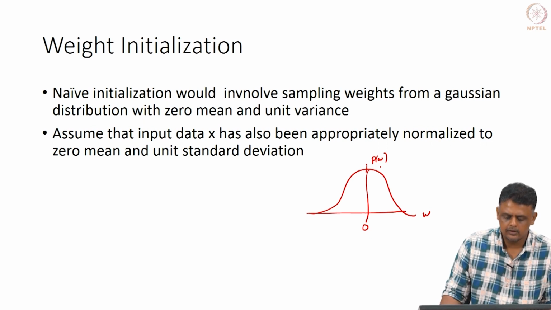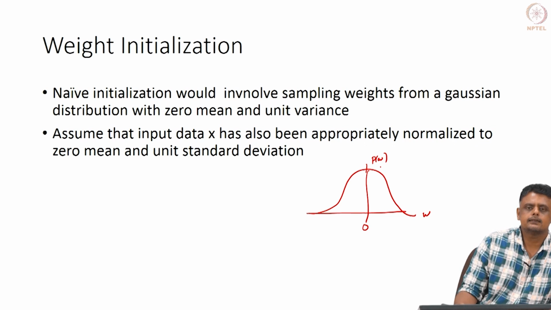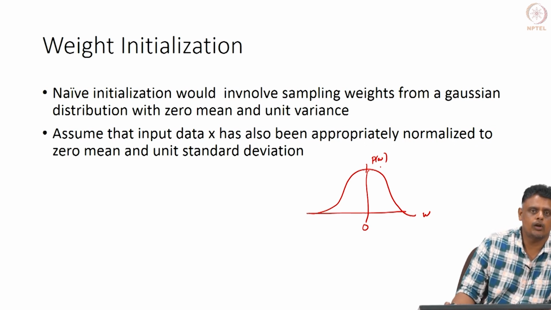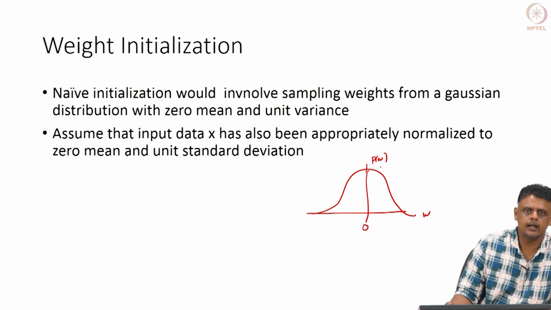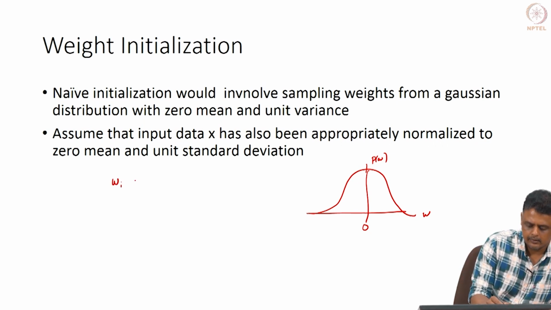Now, we can do this, but there are some problems associated with this, and we will see what those problems are. Assume that your input data X has also been normalized. Remember, we normalized it with Z-score normalization to have 0 mean and unit standard deviation, and we are also picking weights so that they have 0 mean. So, your weights Wi have 0 mean and unit variance. Your input features Xi also have 0 mean and unit variance.